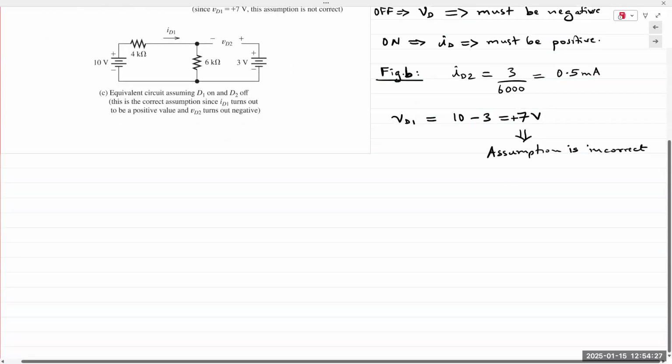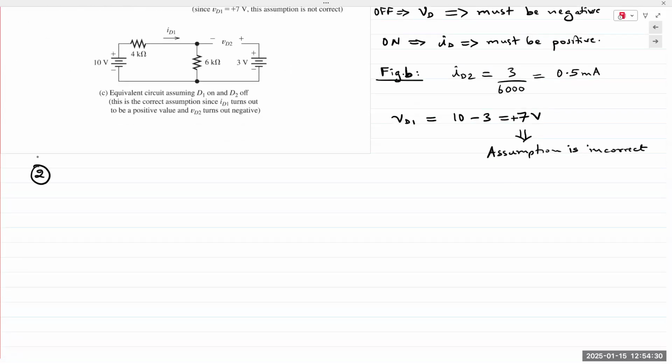Now in our second assumption, let's choose D1 to be on, D2 to be off.